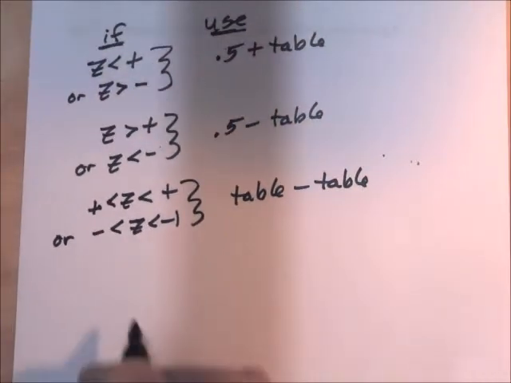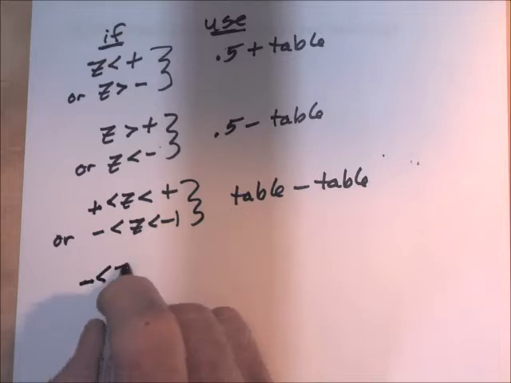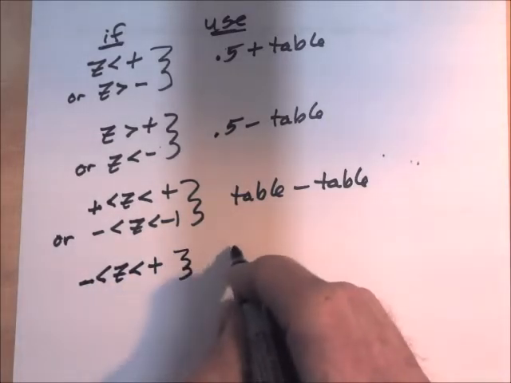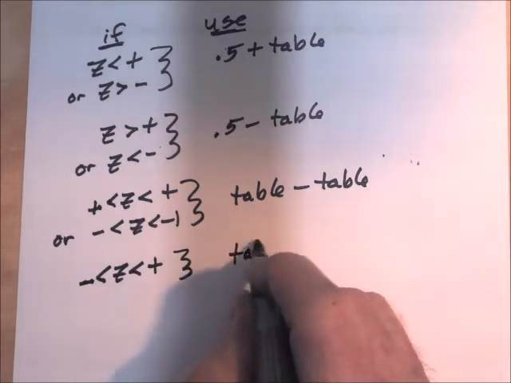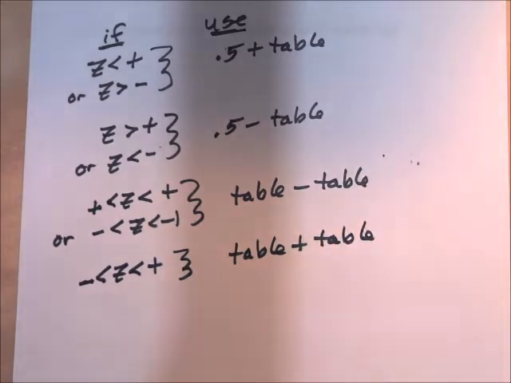If you have Z between a negative and a positive, you want to use table plus table. Okay, so that's if you want a list of rules to follow.